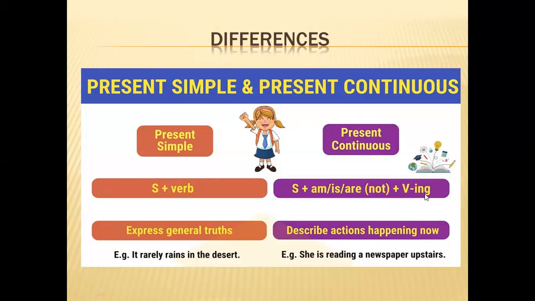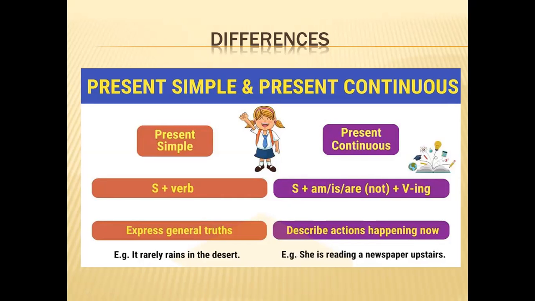Pay attention to these three components because they are very, very important. You have to have the subject, the verb to be, so am, is, or are, and the verb with ing. You cannot forget any of these elements, okay?